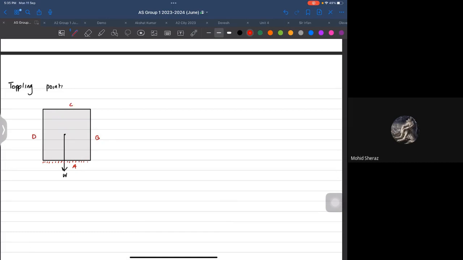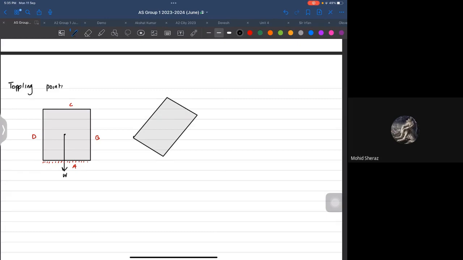What toppling point means is that if you apply a force on it, I think this is not exactly accurate. So let me just draw a bigger one. Okay, that's better.